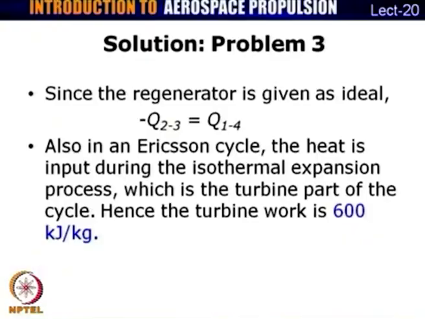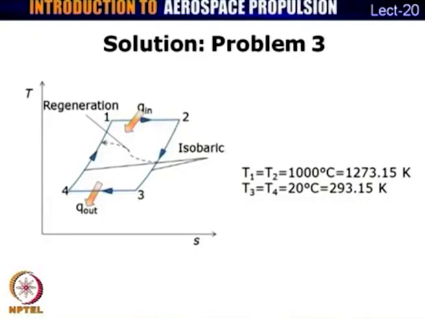And if you look at the Ericsson cycle in terms of the PV as well as TS diagrams, the Ericsson cycle starts with an isothermal expansion process, and that is the process during which heat is added to the cycle, process 1-2.